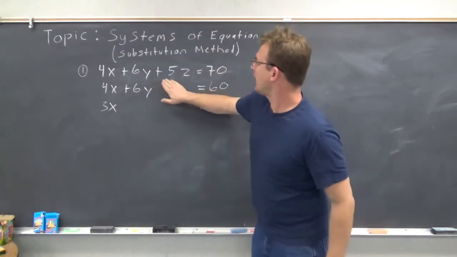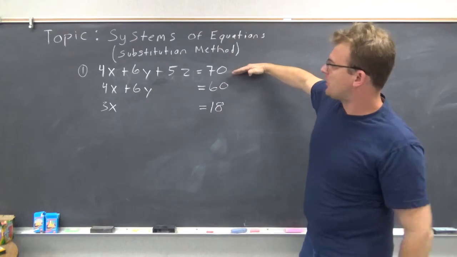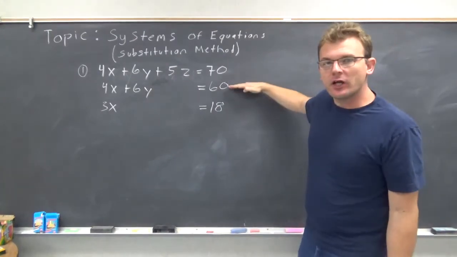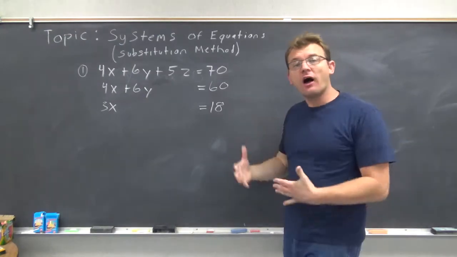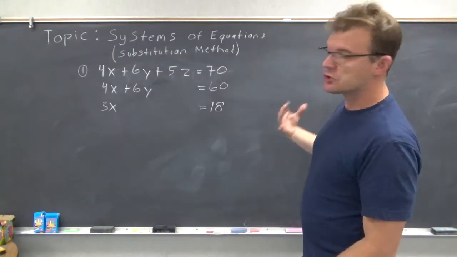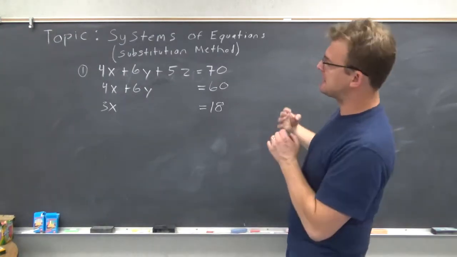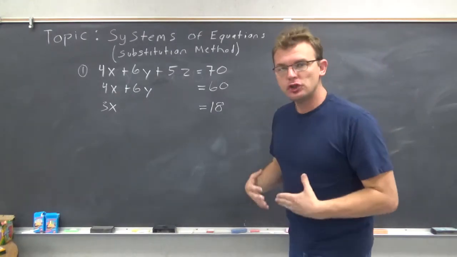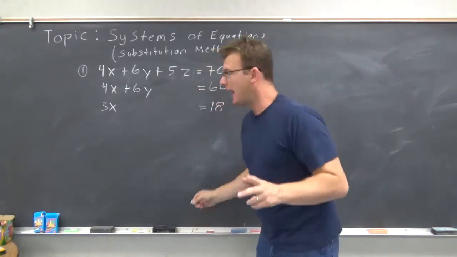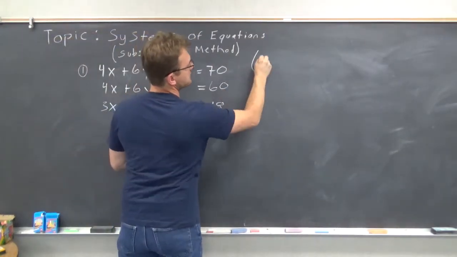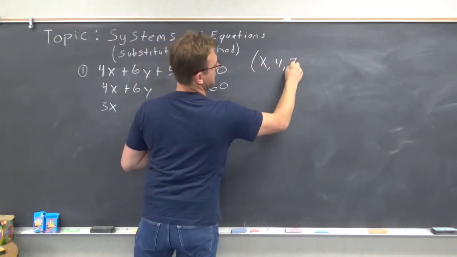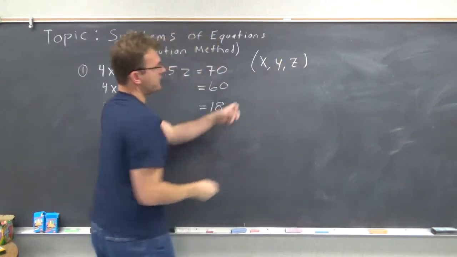We are kind of looking at, well, if you have this equation, and this equation, and this equation, can you get all the variables? Or can you solve for all the variables? And that's what we're trying to look for. We're trying to see what is the solution set. This is what we're trying to get. We are trying to get something like this. We're trying to get this point.